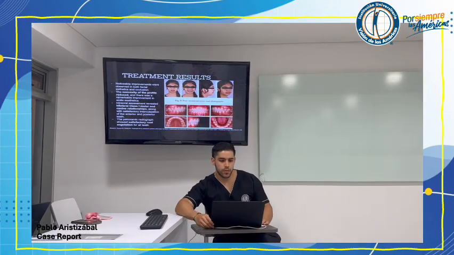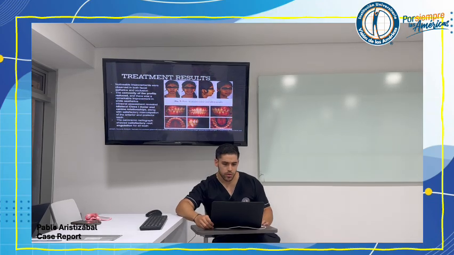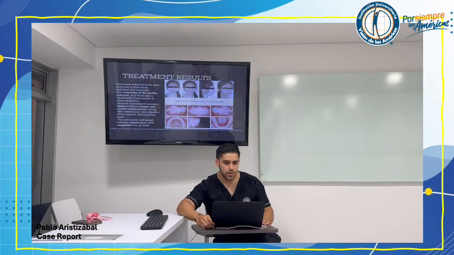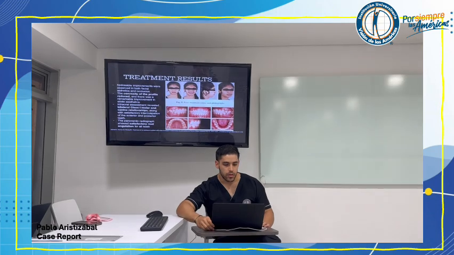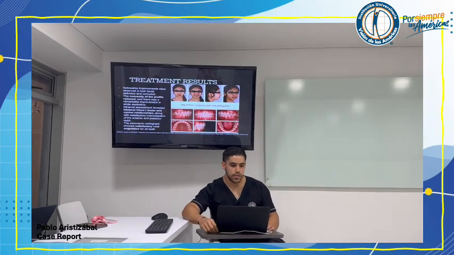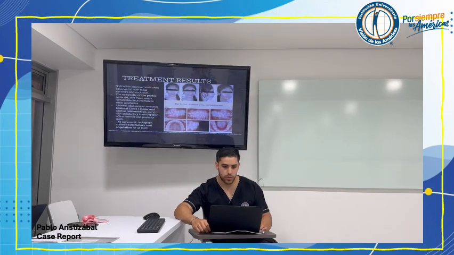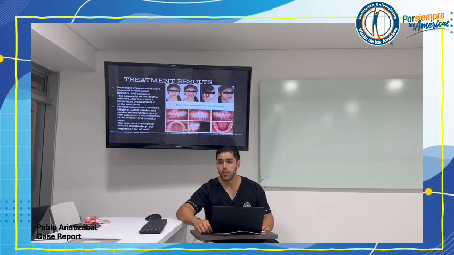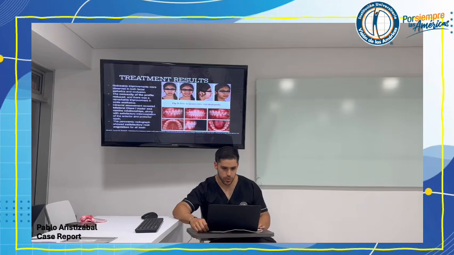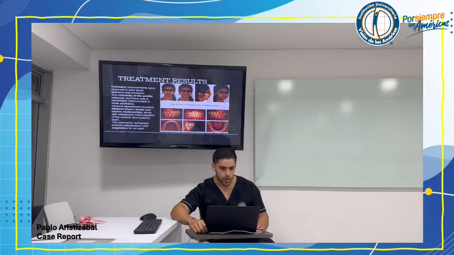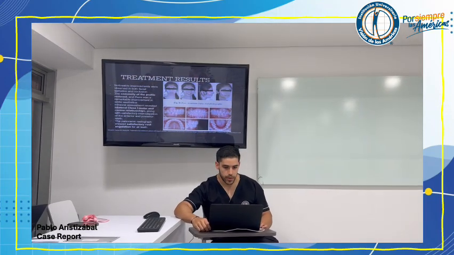So here we have the treatment results. As we can see, there is a noticeable improvement in both the facial aesthetics and the occlusion of the patient. On the post-treatment extraoral photographs, we can see that the convexity of the profile was reduced. There was a remarkable improvement in smile aesthetics.